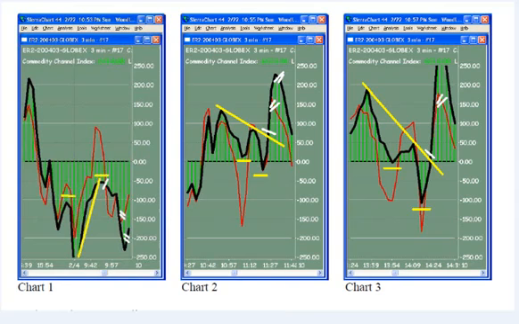All three charts are showing the trend line break, TLB, pattern drawn as well. Most people use a rev diver pattern along with the TLB pattern as a signal for more confirmation to enter the trade.